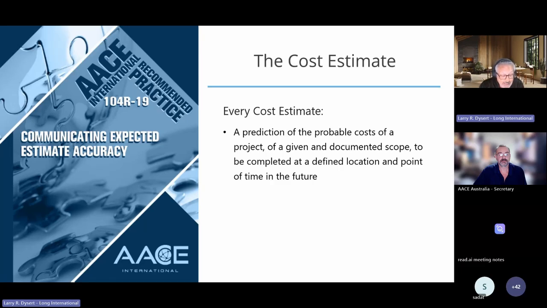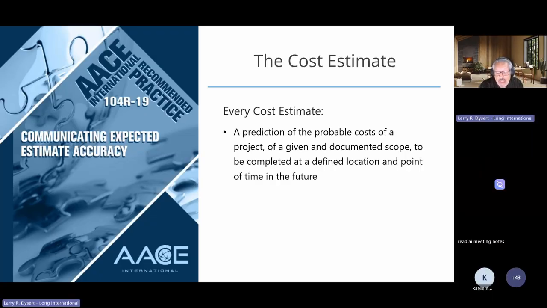We define a cost estimate as a prediction of the probable costs of a project. And that's always a prediction for a given and documented scope of work, typically to be completed at a defined location at some point of time in the future.